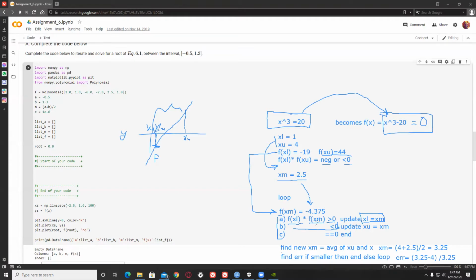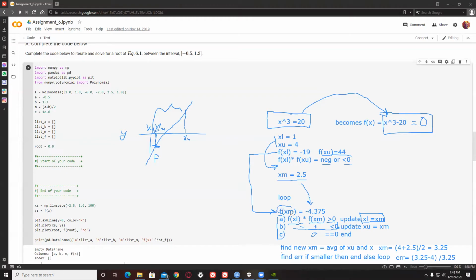So overall, negative into positive will result in a negative value. So then we have to update xu. So then we change xu to xm. And in the off chance we find the value of xm where f of xm is 0, then we can just end the algorithm. So these 3 are the possible choices.